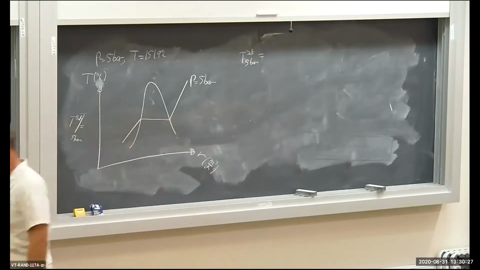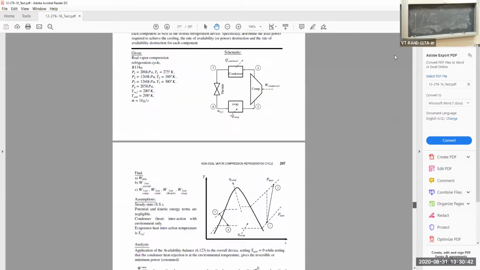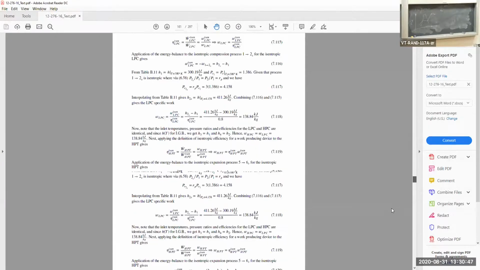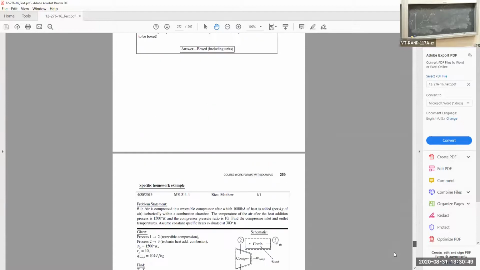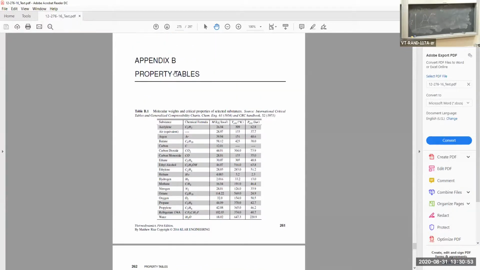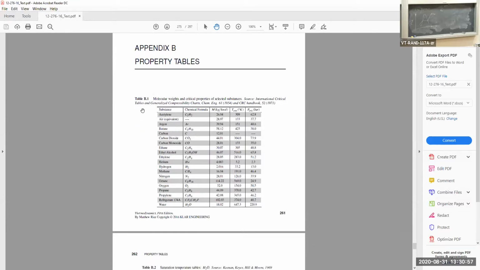So if you go to your textbook or to the notes, let me show you what we got here. Here's the PDF of your notes. I encourage you to either get the textbook or get the notes. If you go to the very end of the notes, you see a bunch of tables: index, appendix B, property tables. Don't worry about table B1 yet.